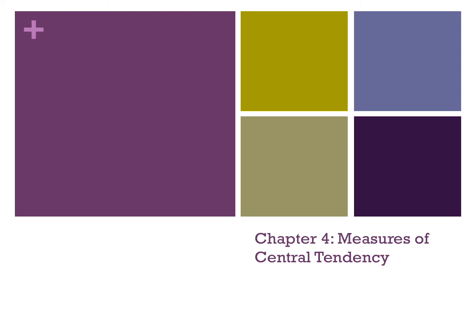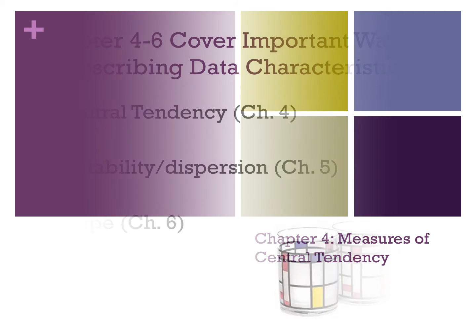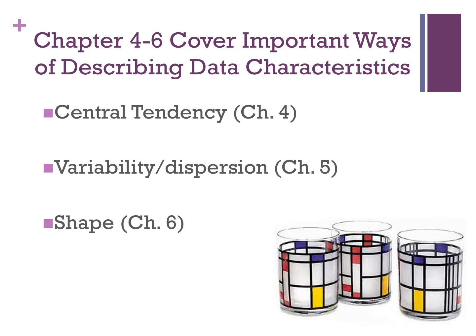We're beginning Chapter 4 on measures of central tendency. Chapters 4 through 6 cover important ways of describing data characteristics. Chapter 4 will focus on central tendency. Chapter 5 will focus on variability and dispersion. Chapter 6 will focus on shape.